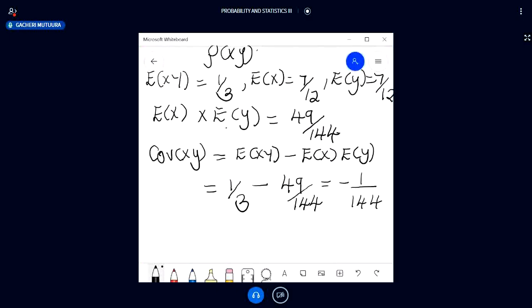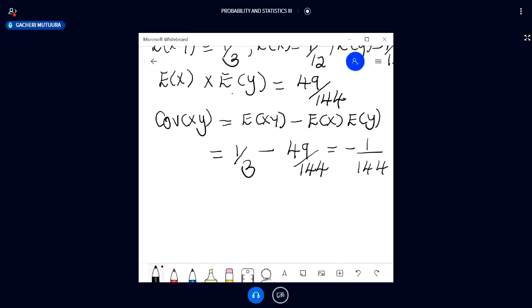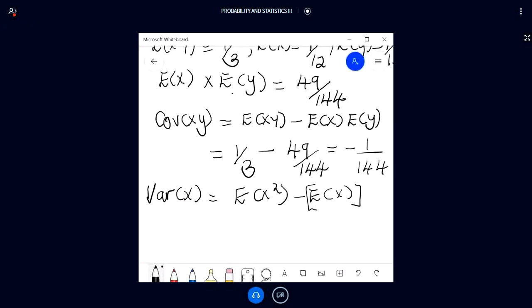So now to get the correlation, we just need to obtain the standard deviation of x and y. So we need the variance of x, which will be the expected value of x squared minus the square of the expected value of x.